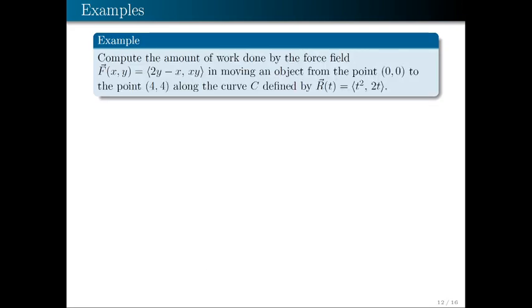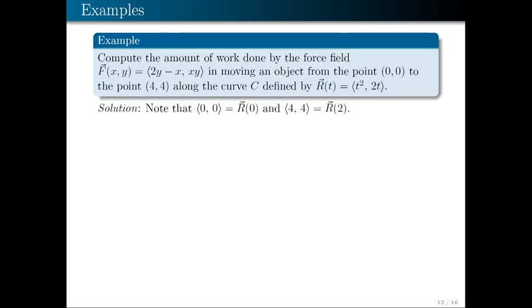Next, we have an example wherein we want to compute the amount of work done by the force field F, which is two-dimensional, having components 2y minus x and xy, in moving an object from the point 0, 0, which is the origin, towards the point 4, 4, along this curve C, which is parameterized by t squared, 2t.